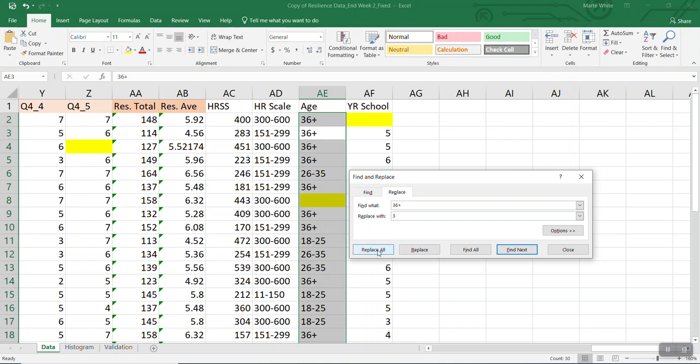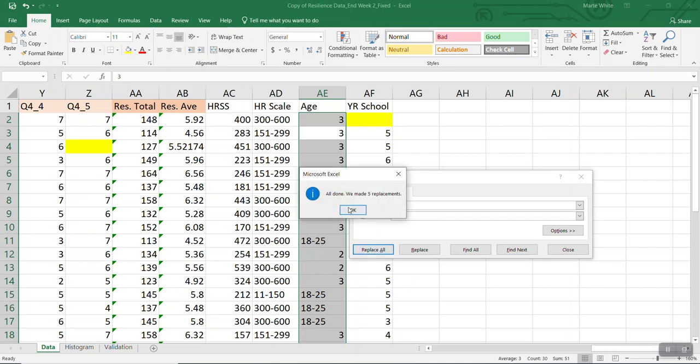And replace all. Then I want to replace 26 to 35 with a 2. Replace all. And then 18 to 25, take that and replace it with a 1.